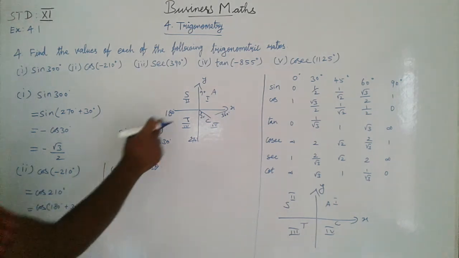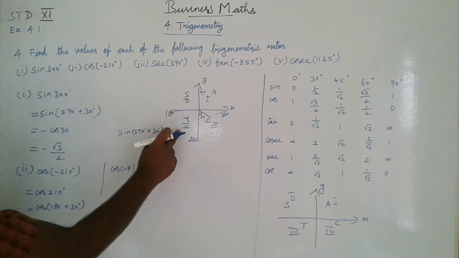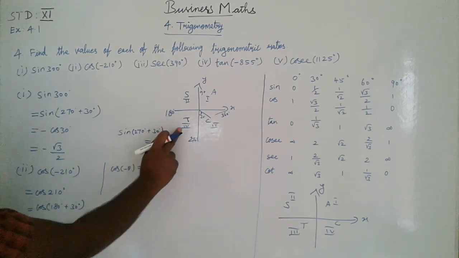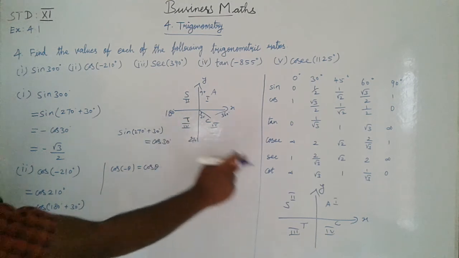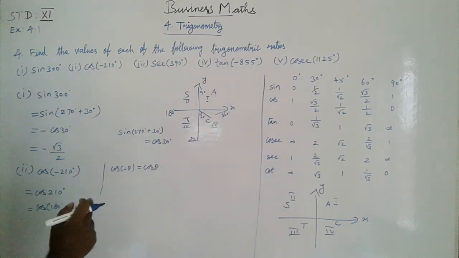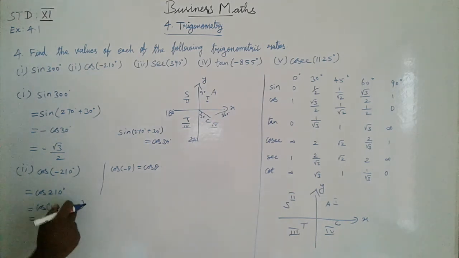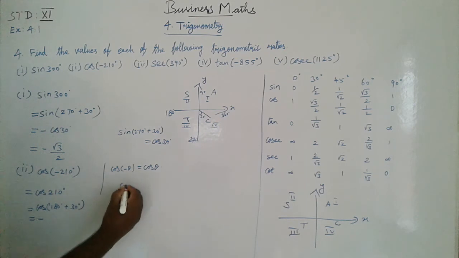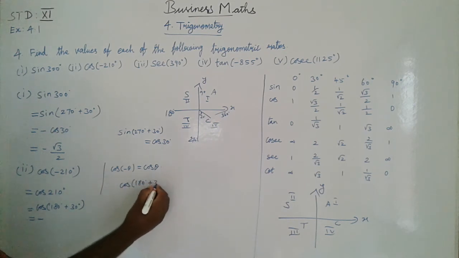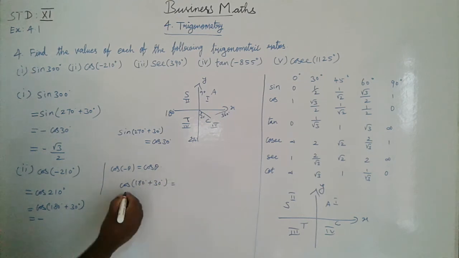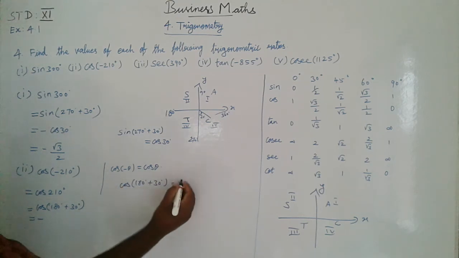So cos 180 plus 30, after this it is the third quadrant. In the third quadrant only tan and cot are positive, so the cos value is negative. So minus cos of 180 plus theta. We know the formula: cos of 180 plus theta is minus cos theta.